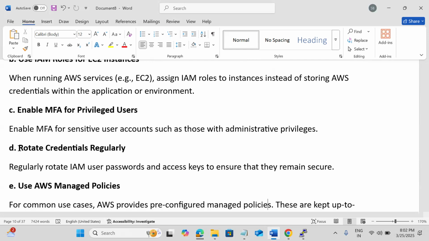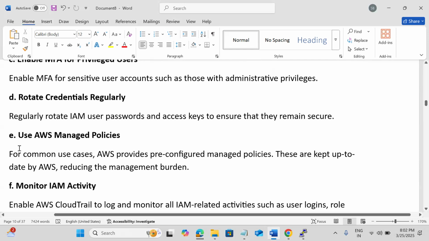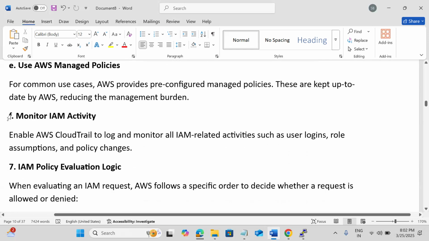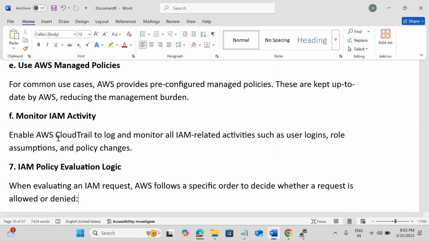Then it is better to use managed policies compared to custom policies or inline policies. How can you monitor your IAM activity? AWS provides the CloudTrail service, and using CloudTrail, our AWS resources can be completely monitored.